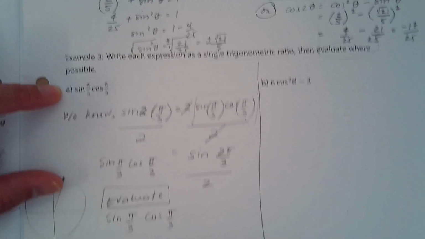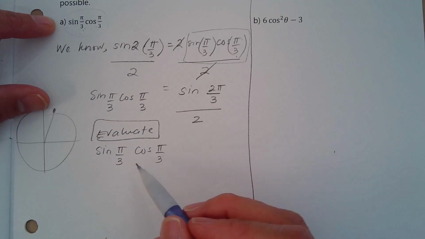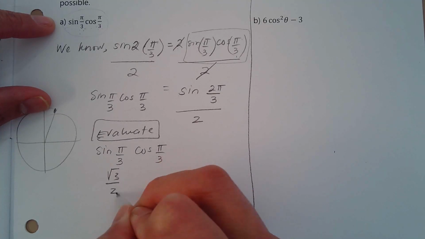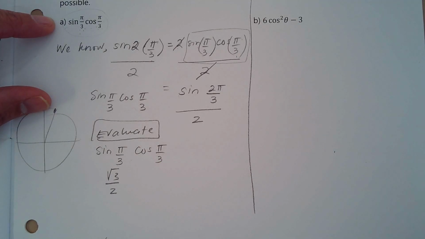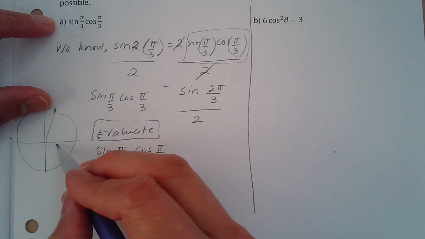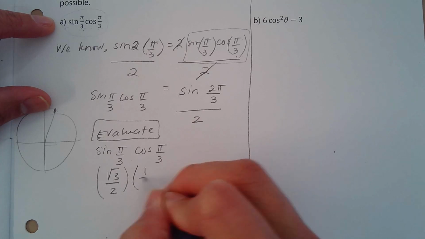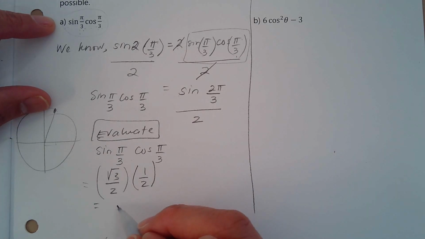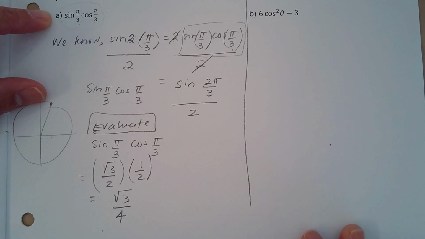Evaluate means what is the value? So sine pi over 3 is going to be root 3 over 2. And cos pi over 3 is a half. So that's equal to root 3 over 4.